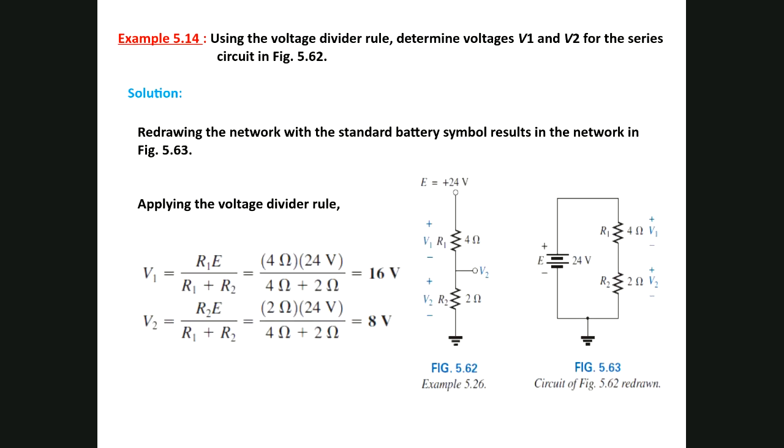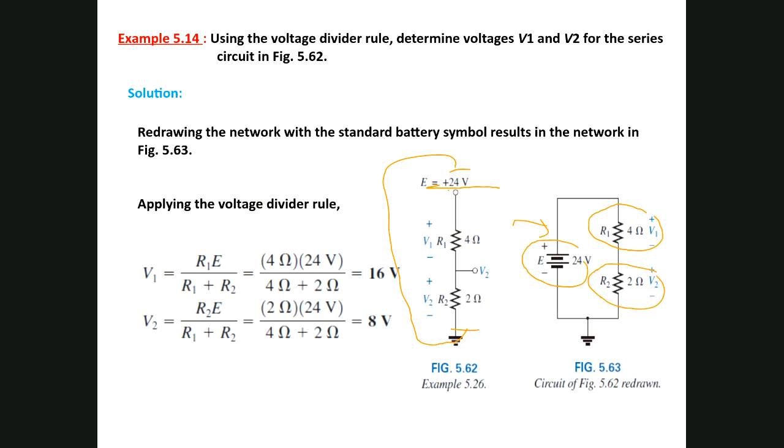Example here, I have the source 24. This is the positive and this is the ground, the negative. We can connect it together here and redraw it: 4 ohm, 12 ohm, 24 volt.